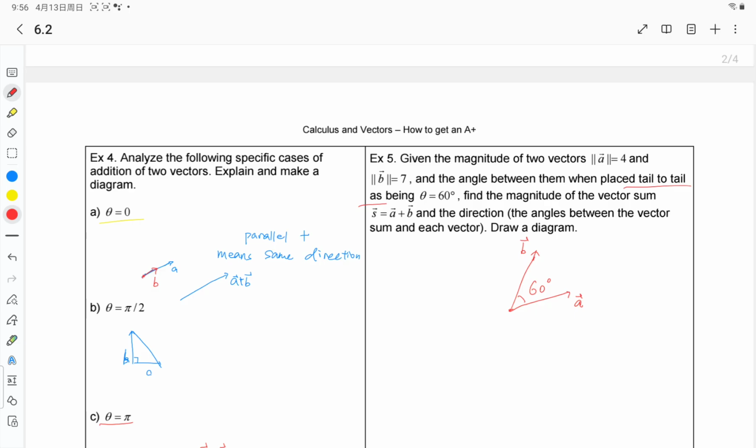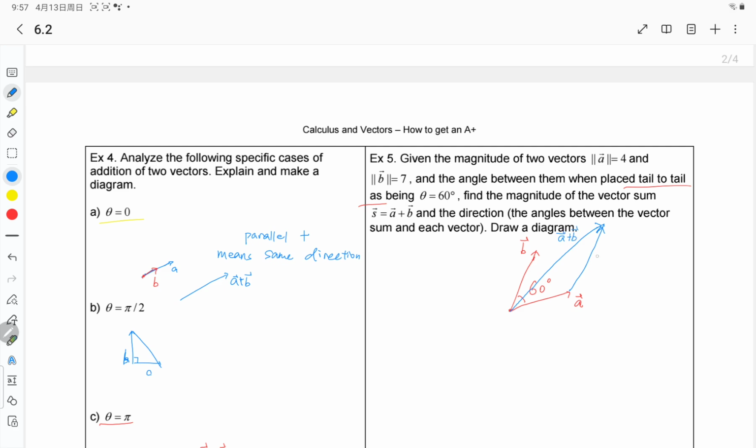All right, because it already tells you that A and B are tail to tail, we don't move it parallel, but well, you can still move the vector B. I think it's all right.